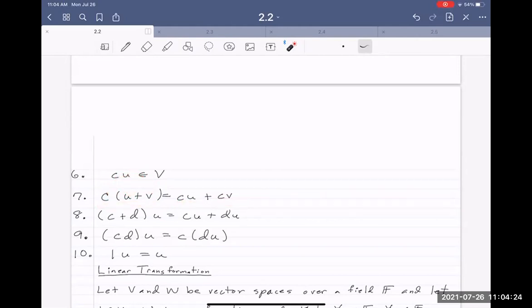I have that scalar multiplication distributes over scalar addition. So I have here scalar addition. I have two numbers, and I'm adding them together. Then c plus d times u is equal to cu plus du.